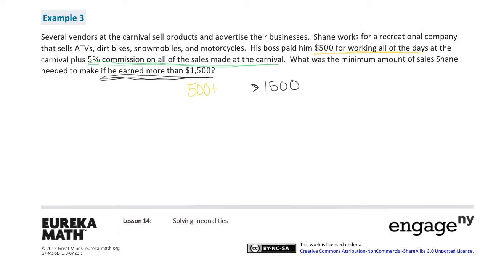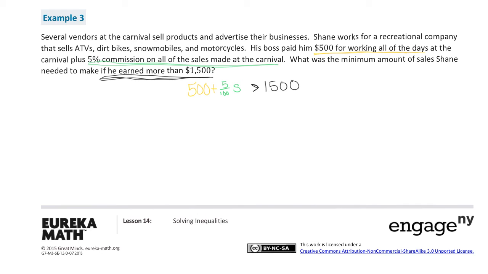So to represent that 5% commission, we're going to represent that as 5 over 100. That will give us our 5%. And then we're going to let S represent the sales in dollars made during the carnival.